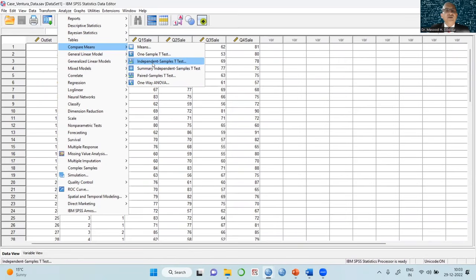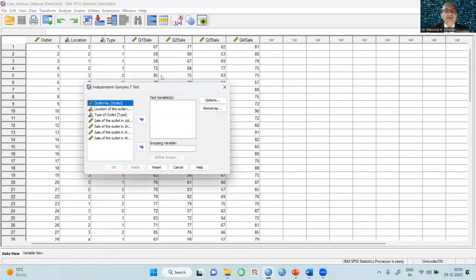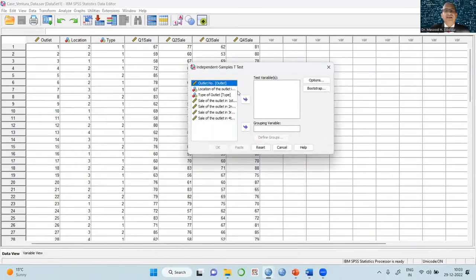Now we are going to do the independent sample t-test. This is the dialog box of the independent sample t-test. Here we can have more than one test variable also, like you can select all Q1 sale, Q2 sale, Q3 sale, Q4 sale simultaneously, and the combined output would be there. But just for the demonstration purpose, I am selecting the sales of the outlet in the third quarter.